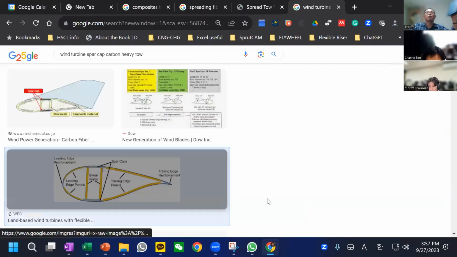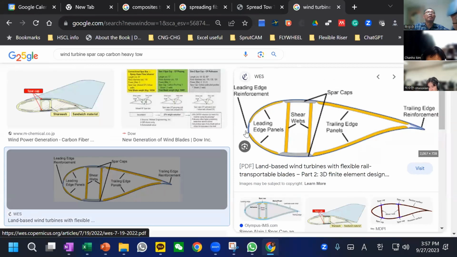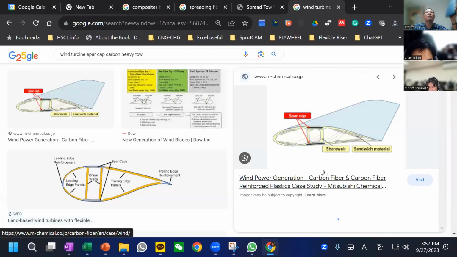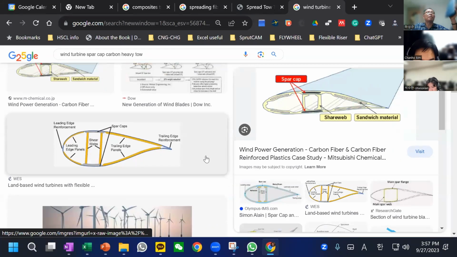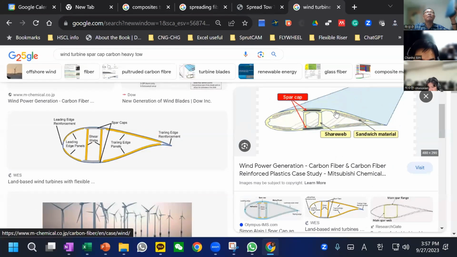Okay, this shows the cross section, and this is the upper skin and lower skin. And we have a very important structure called spar cap. Okay, this is a shear web. And spar always represents the vertical things, and spar cap is the long, wide plate. Maybe this one is better. Okay, this is a spar cap. This is all made of carbon fiber, and other skin like this is made of glass fiber.